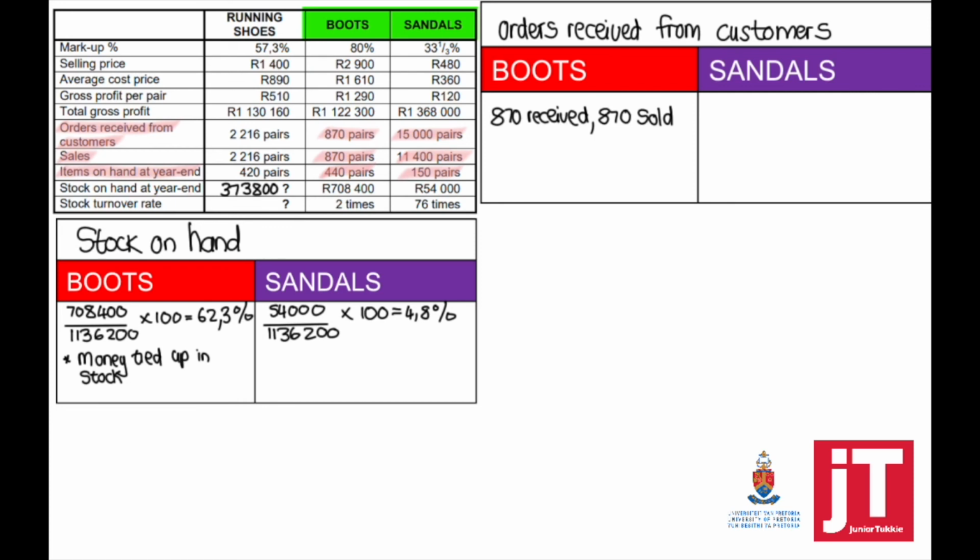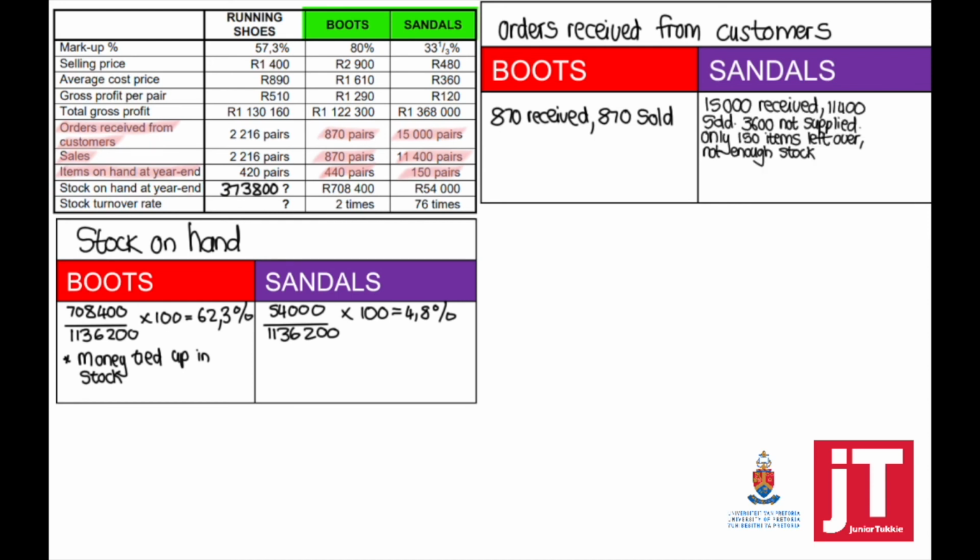Remember, when you get this type of question, there's a reason why they presented you with that information. It means that you will need to use it. Now, looking at the orders received from customers, if we look at boots, 870 pairs were ordered by customers, and our sales was equal to 870.